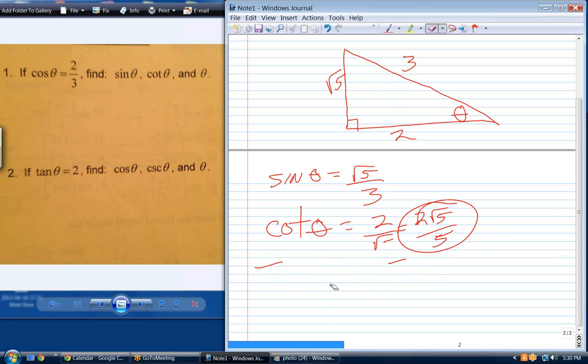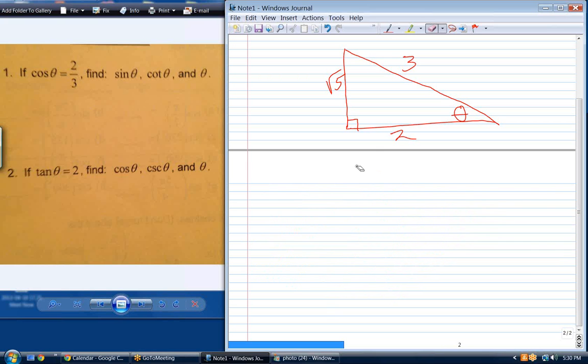Now the last thing they asked for was, what's theta? Well, if the cosine of theta equals 2/3, how do I solve for theta? It's important to understand inverse trig functions.